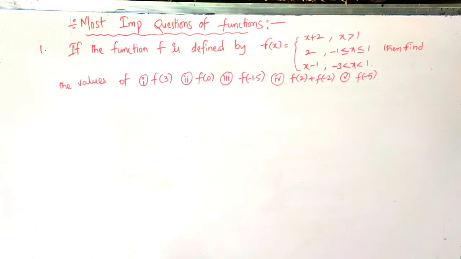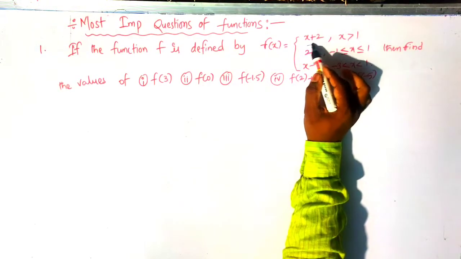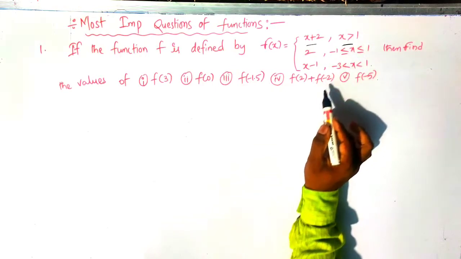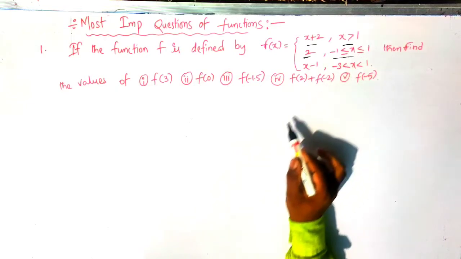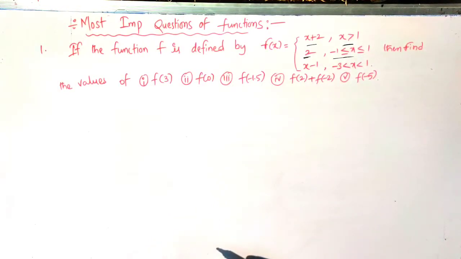Most important questions of functions. So now first question of the functions. If the function f is defined by f of x equals to x plus 2, if x is greater than 1, f of x equals to 2, if minus 1 less than or equals to x less than or equals to 1, in between minus 1 to 1 x value is there, then f of x equals to, we take 2.